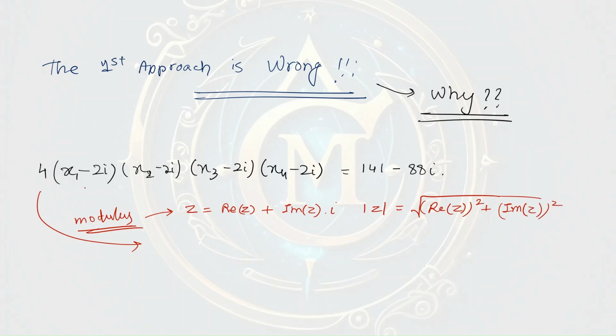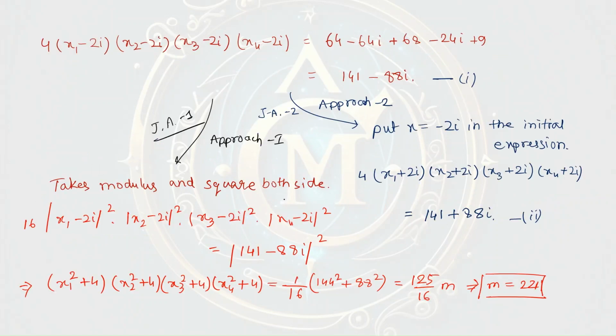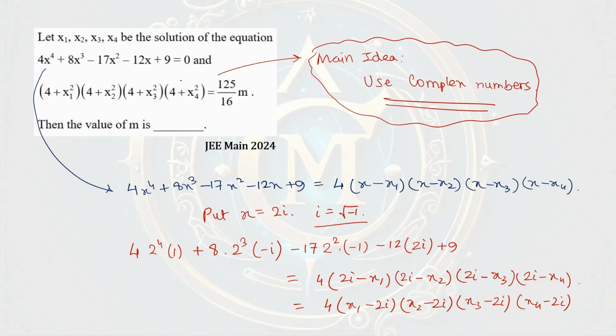So when we took the modulus both sides, we actually calculated this modulus incorrectly, because it was not given to us in the question whether x1, x2, x3 and x4 are real or complex. That means the equation that we discussed here may have some complex roots also.